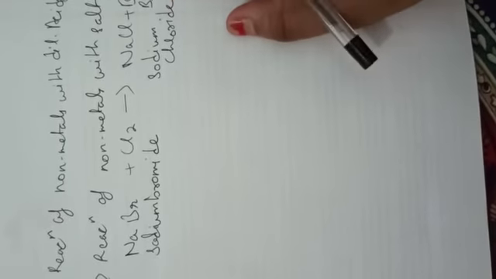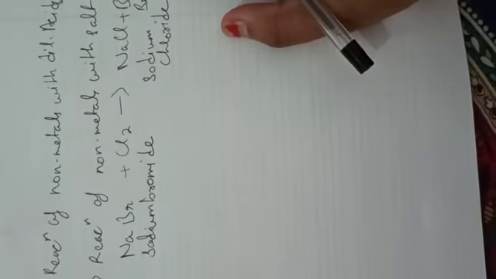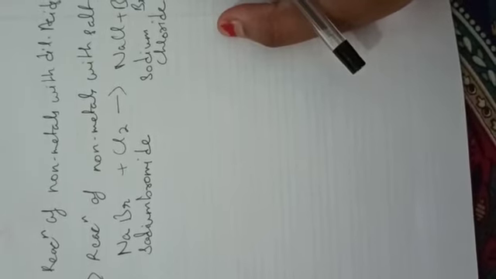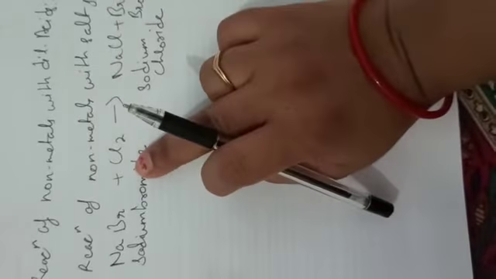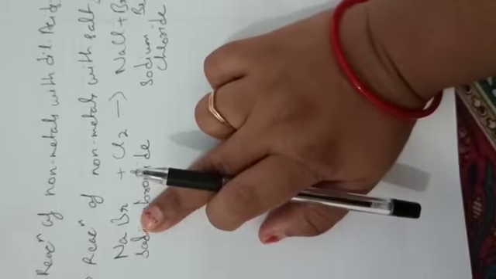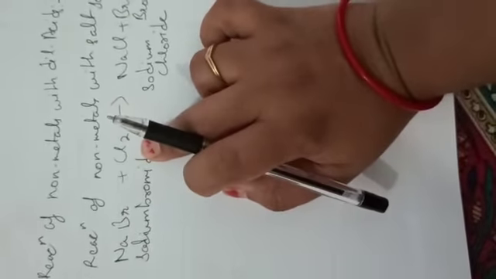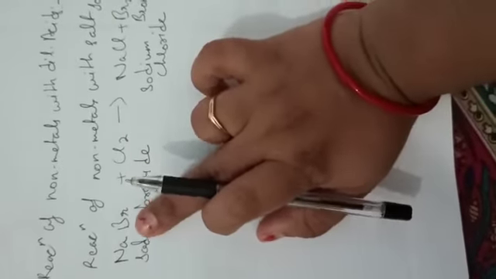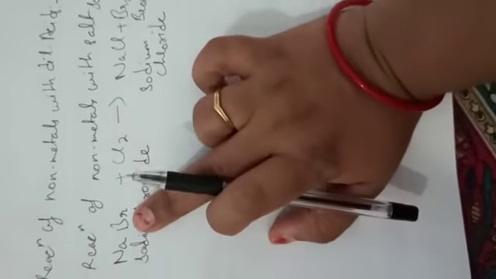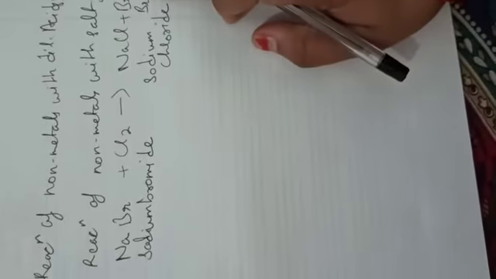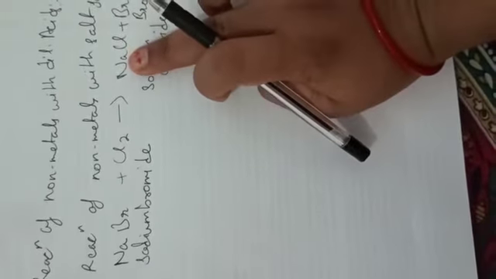Okay, so in this case when sodium bromide and chlorine react with each other, chlorine displaces the bromine atom from this salt, as it is more reactive than bromine. So in this case bromine is released and NaCl is formed.